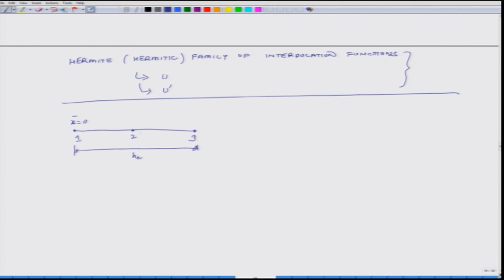Overall length is HE, so this is x bar is equal to HE, and let us say the location of the second point is at x bar equals alpha HE, where alpha is less than 1, some fraction. If it is perfectly located in the middle, then alpha will be half. So, how will you derive the interpolation functions?